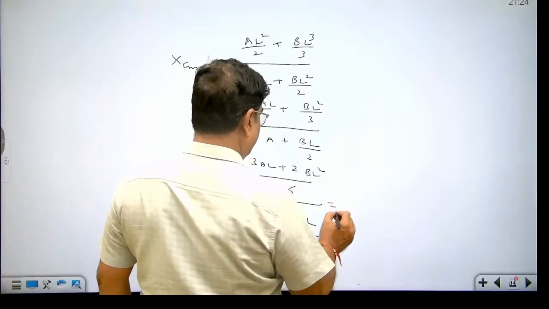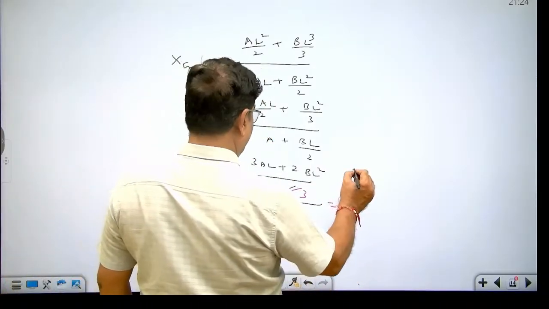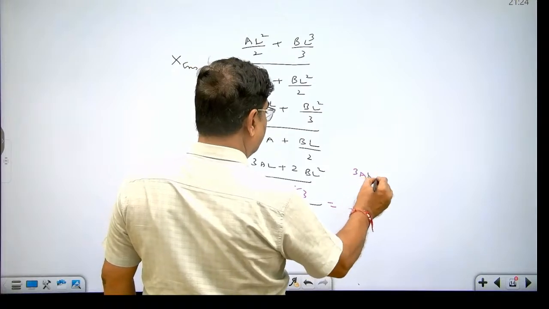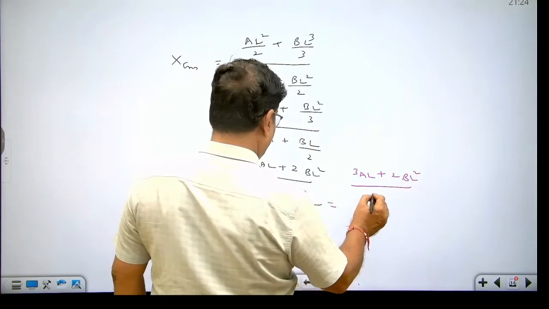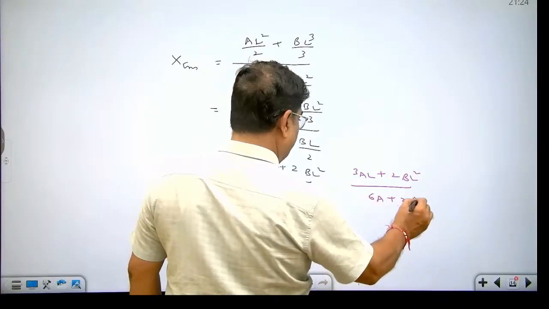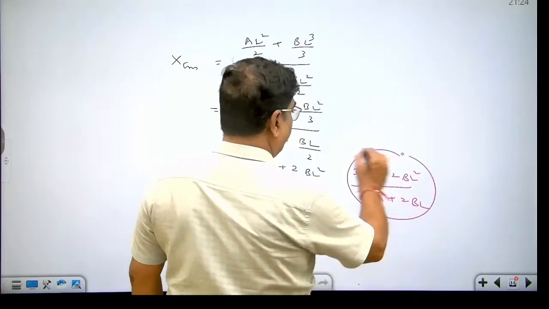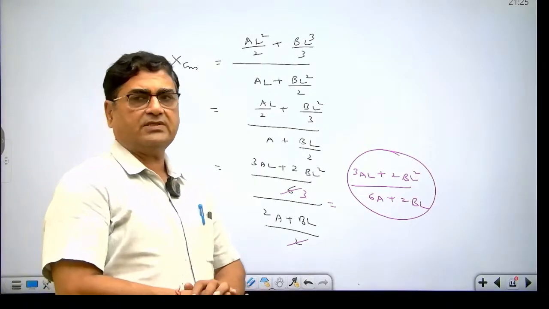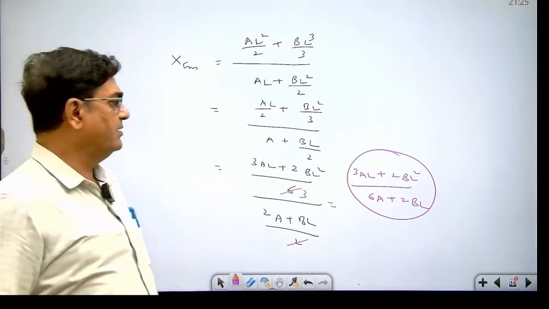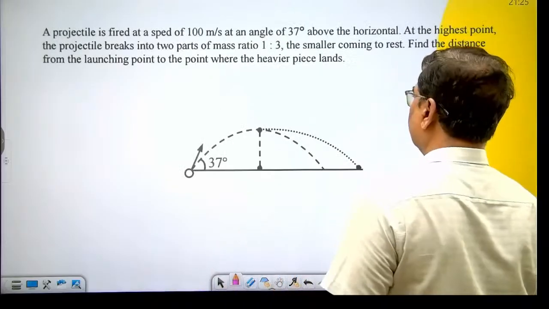So this will get cancelled by 3. So 3aL plus 2bL square divided by 6a plus 2bL. This is the position of center of mass in terms of a and b. Okay, this is the answer to the question.